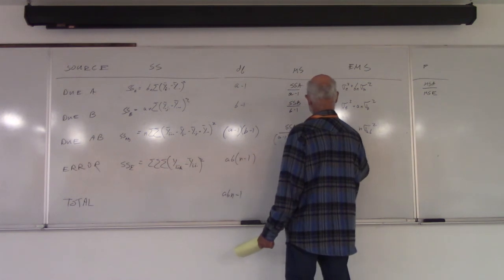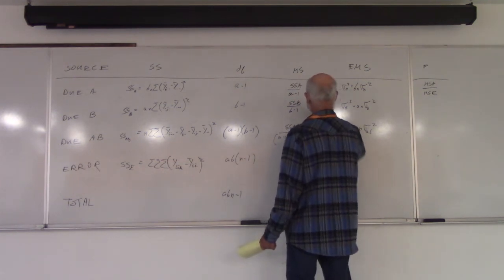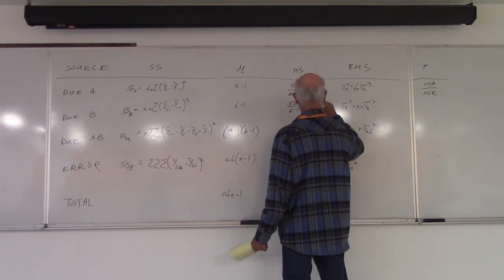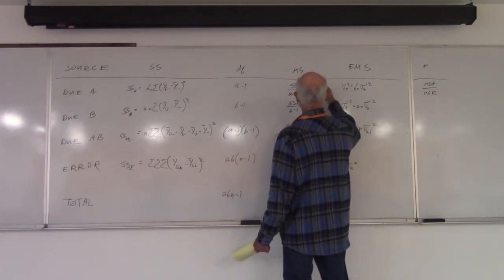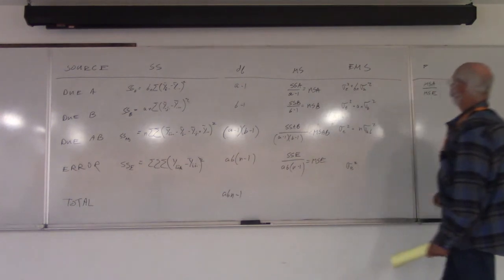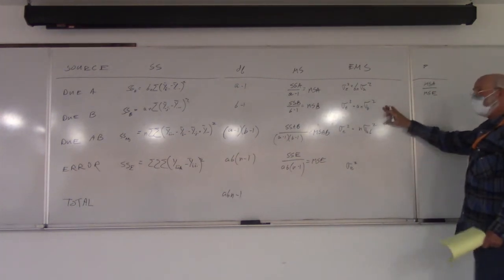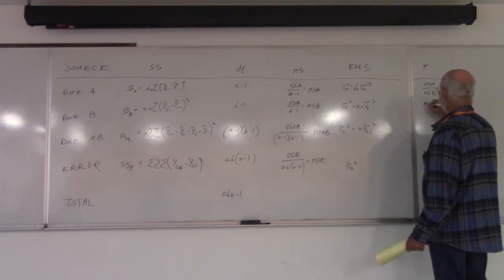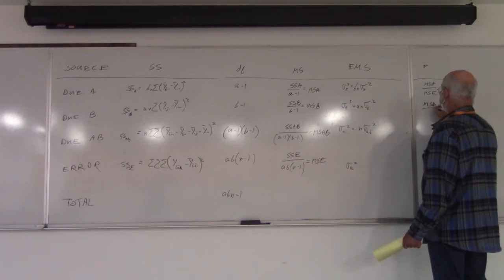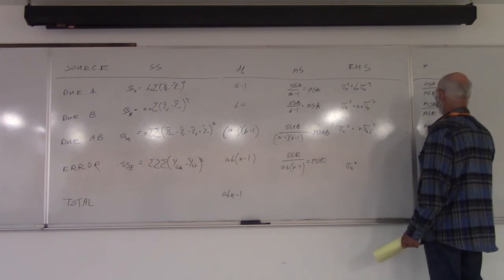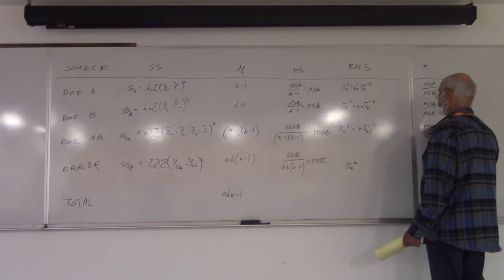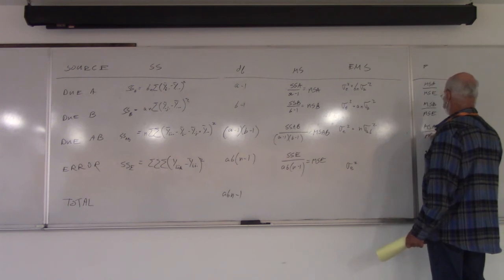So for B, easy, that's mean square for B divided by MSE. And this one, easy, mean square AB divided by MSE.